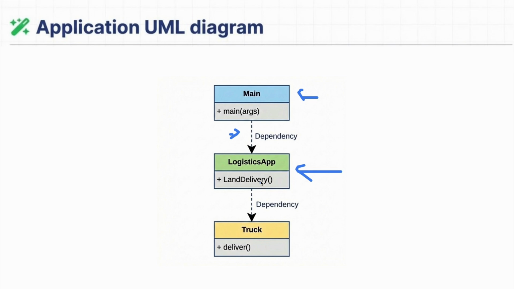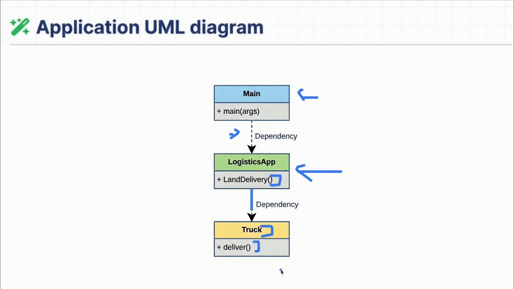Now inside LogisticsApp, we have a method called landDelivery. And this LogisticsApp class is directly creating an object of Truck. That means LogisticsApp is dependent on Truck. So again, in the UML diagram, you will see a dotted line with an arrow from LogisticsApp to Truck. And inside the Truck class, we have the deliver method, which contains the actual delivery related logic.